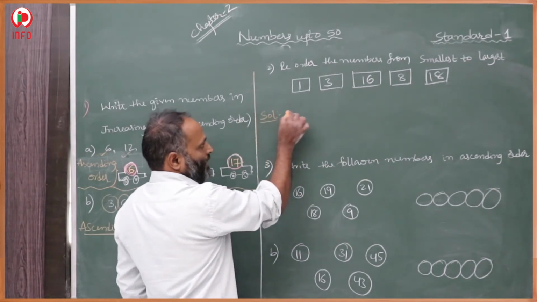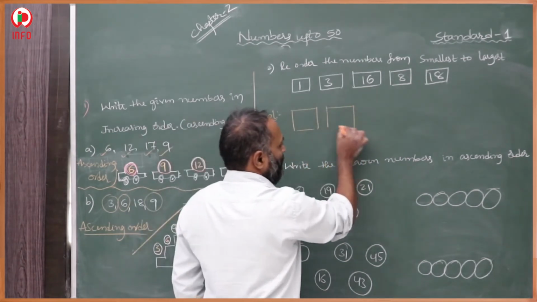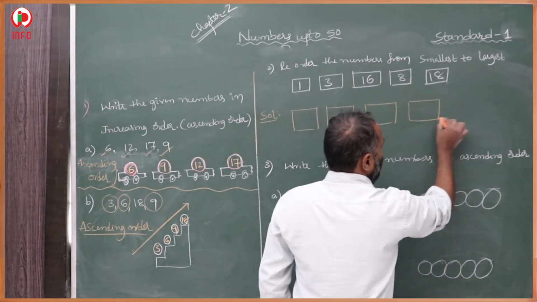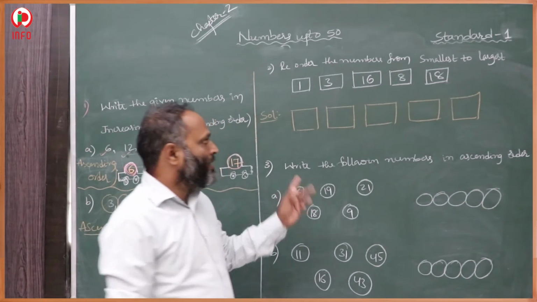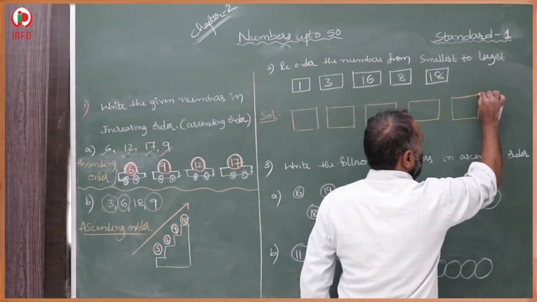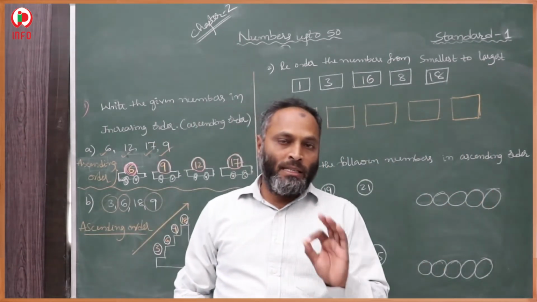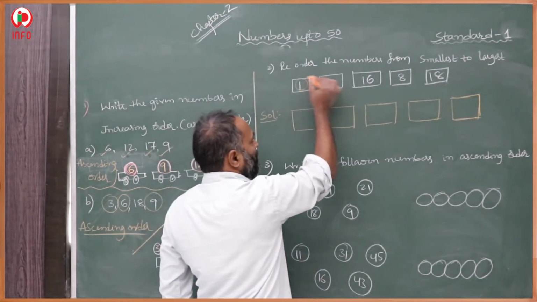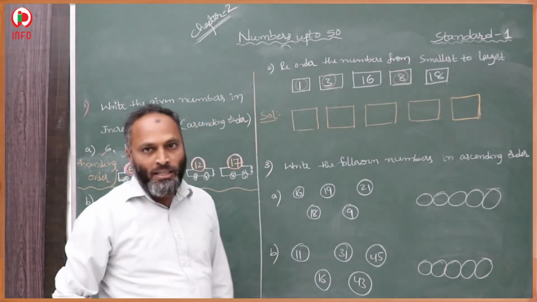We have to arrange these 5 numbers in ascending order in our boxes. We have to rearrange these 5 numbers from smallest to largest. First we check the smallest ones, single digit numbers. 1, 3, 8 are single digit numbers.